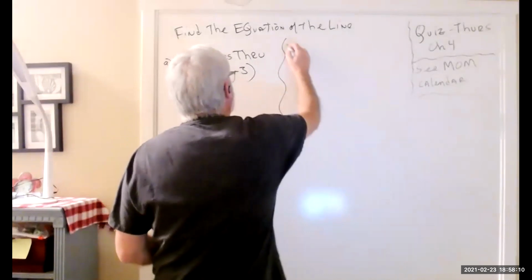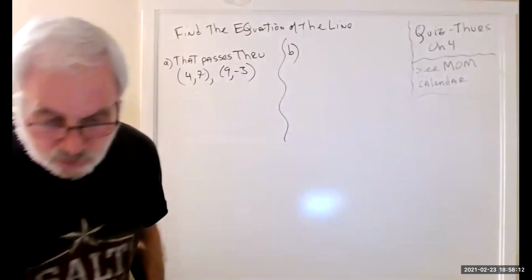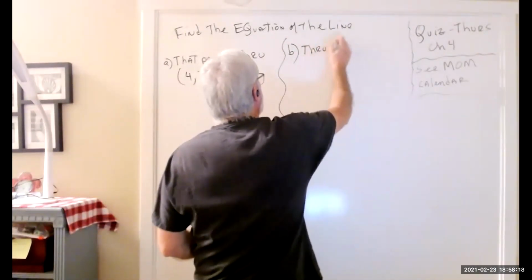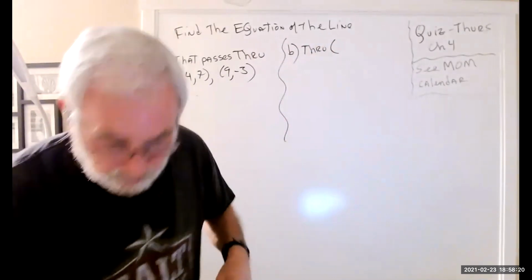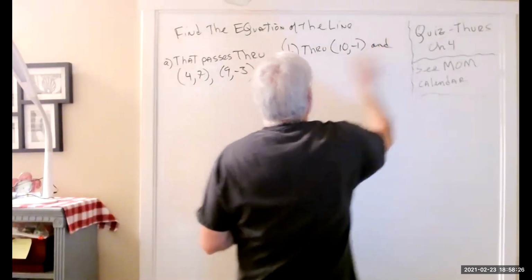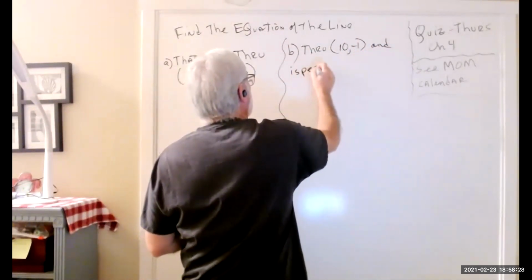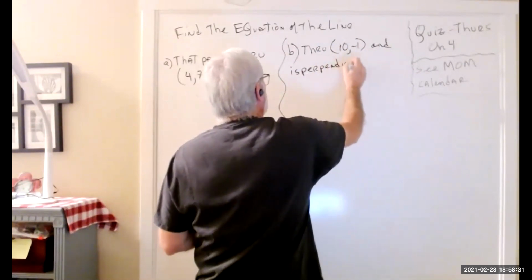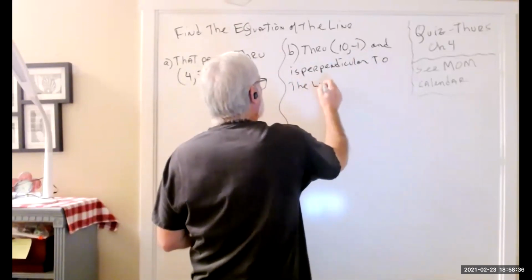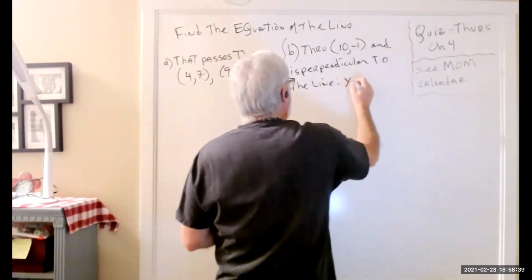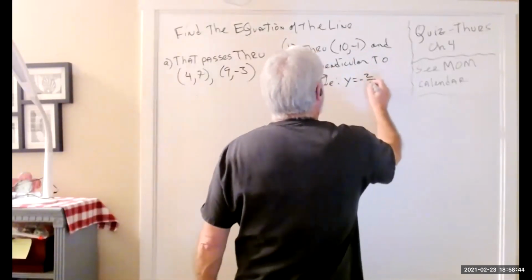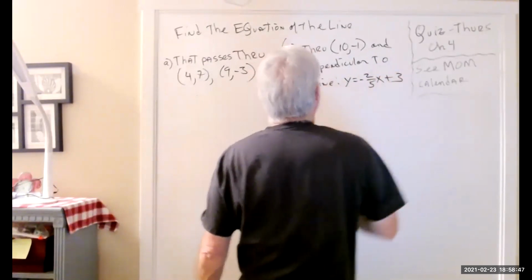A second problem, B, find the equation of the line that passes through, I'm going to give you time and let me leave it up here, but 10, -1, and is perpendicular to the line y equals -2/5 x plus 3.